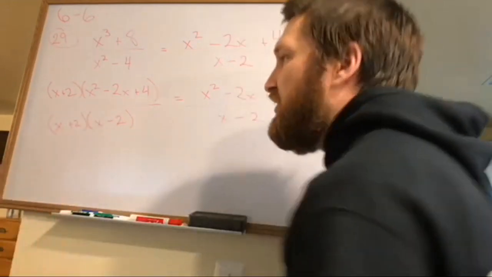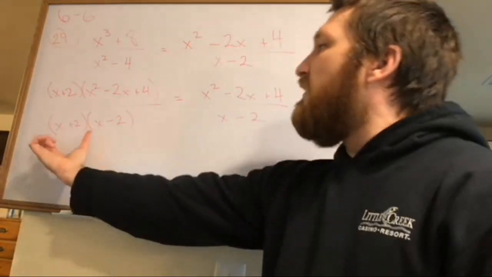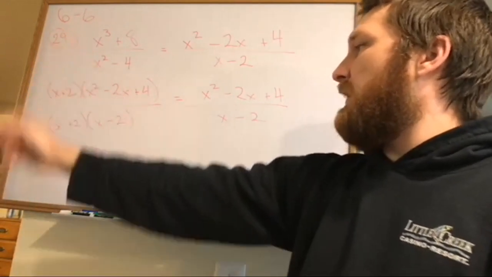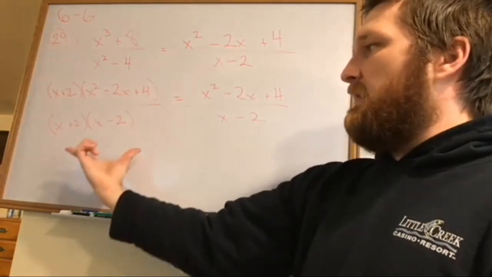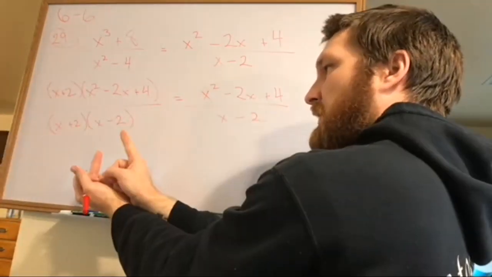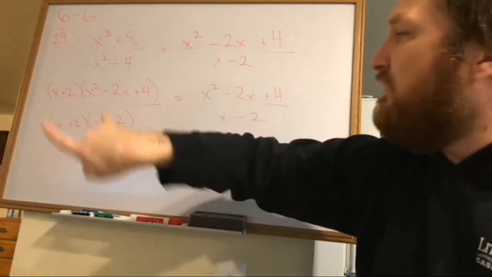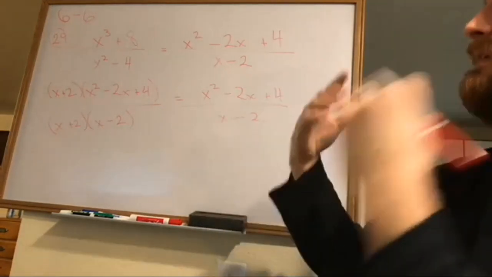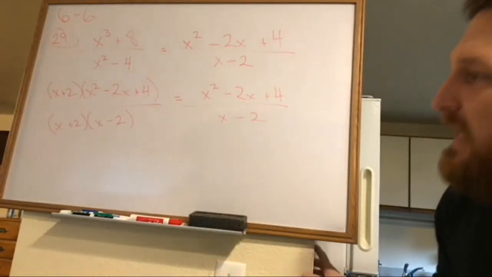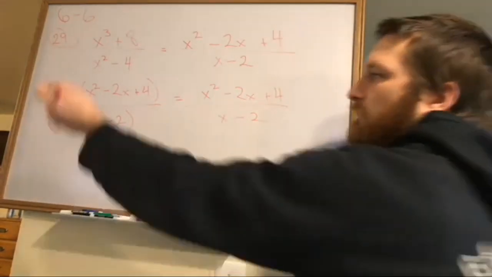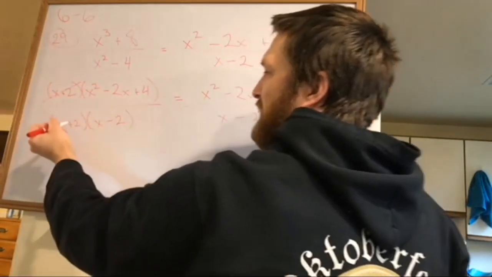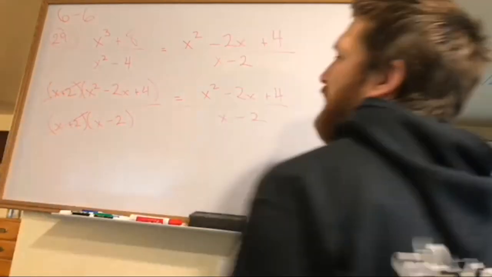I'm just going to double check that real quick. Outer, inner, last. First gives me x squared. Check. Outer, inner cancel because we have 2 x's, one's a minus, one's a plus. 2 and 2 are 4 with a negative. Yep, that checks out. So now I can see, aha, this guy cancels out there, cancels out there.